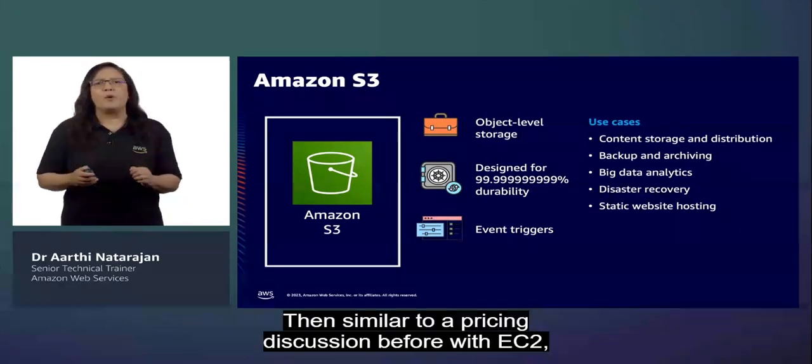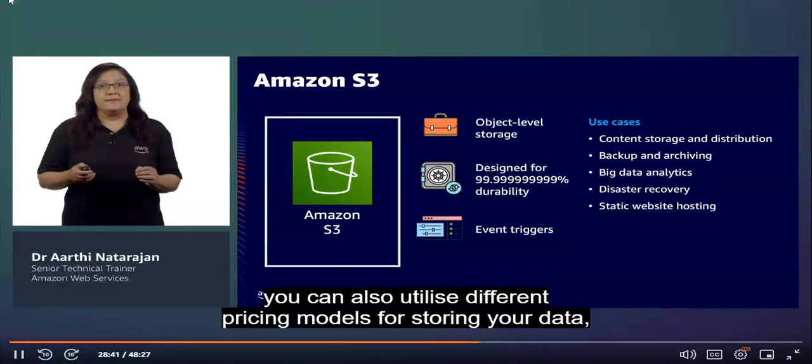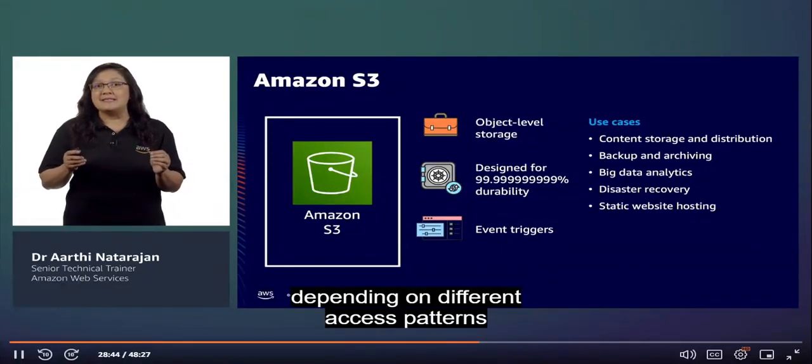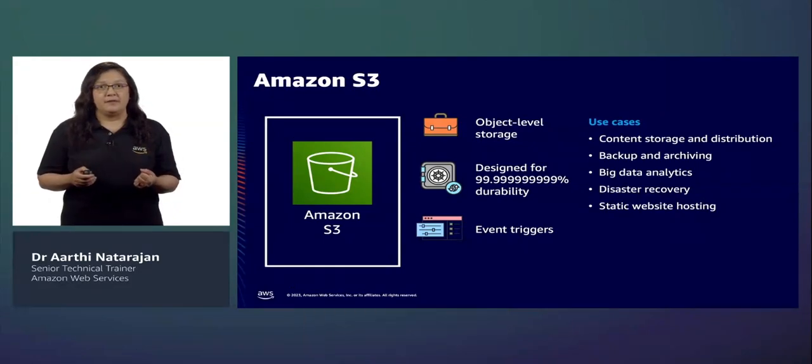Then, similar to a pricing discussion before with EC2, you can also utilize different pricing models for storing your data, depending on different access patterns that you might have for your application.